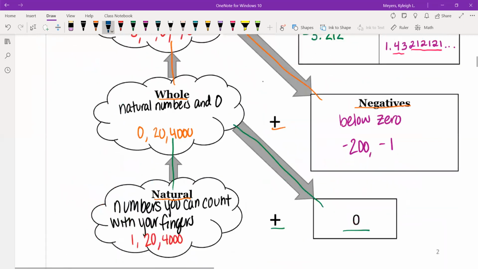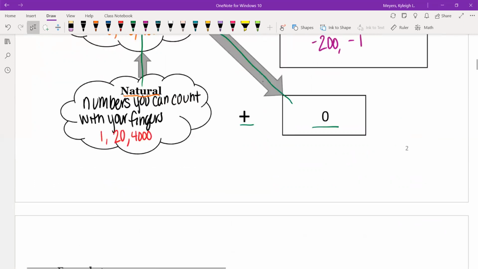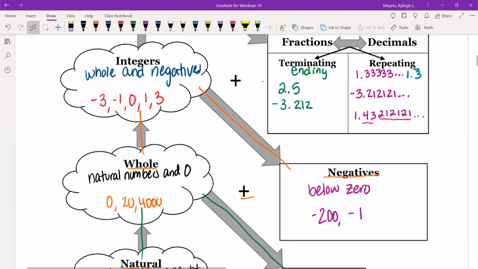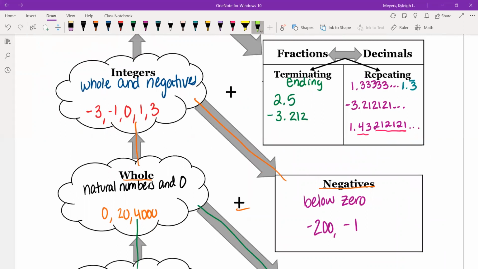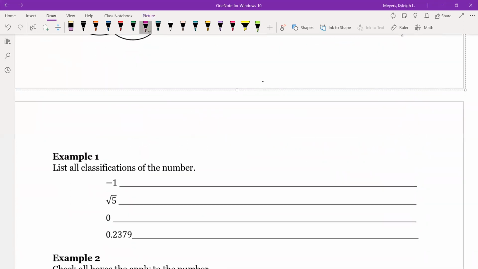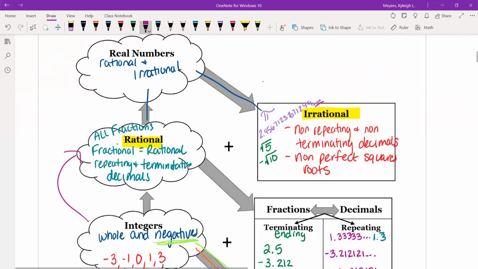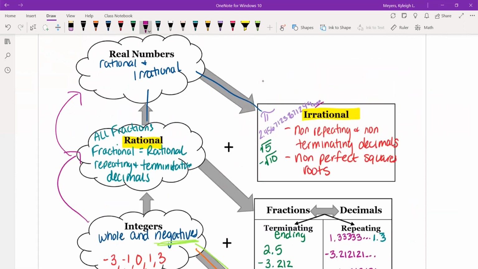Okay, so let's get to some practice then. We want to list all the classifications of -1. Where are negatives introduced? Negatives are introduced here, which filters up to integers. So I'm going to say it's an integer. If it's an integer, that funnels up to rational, which funnels up to real.